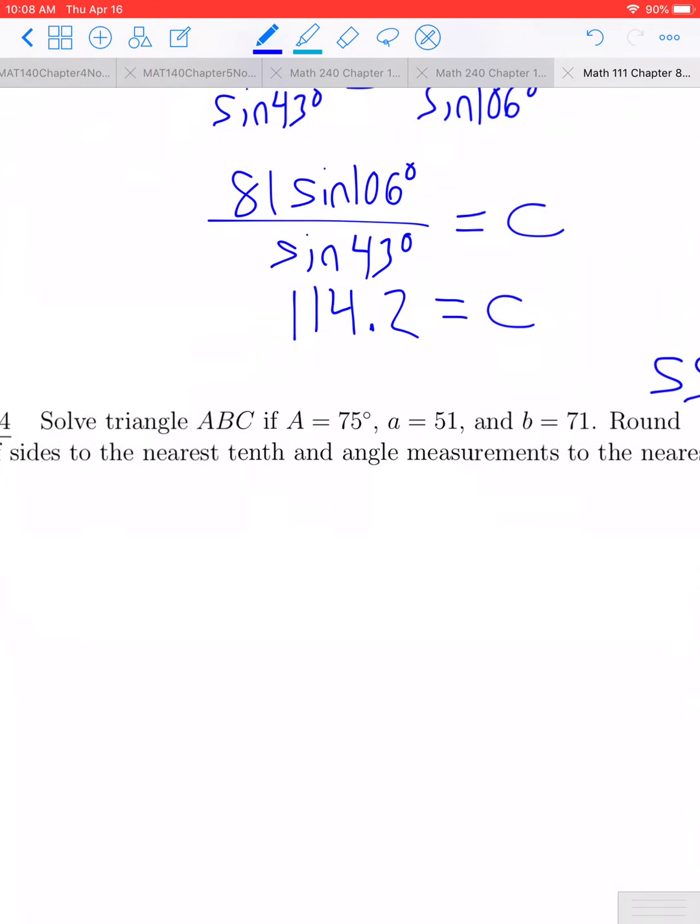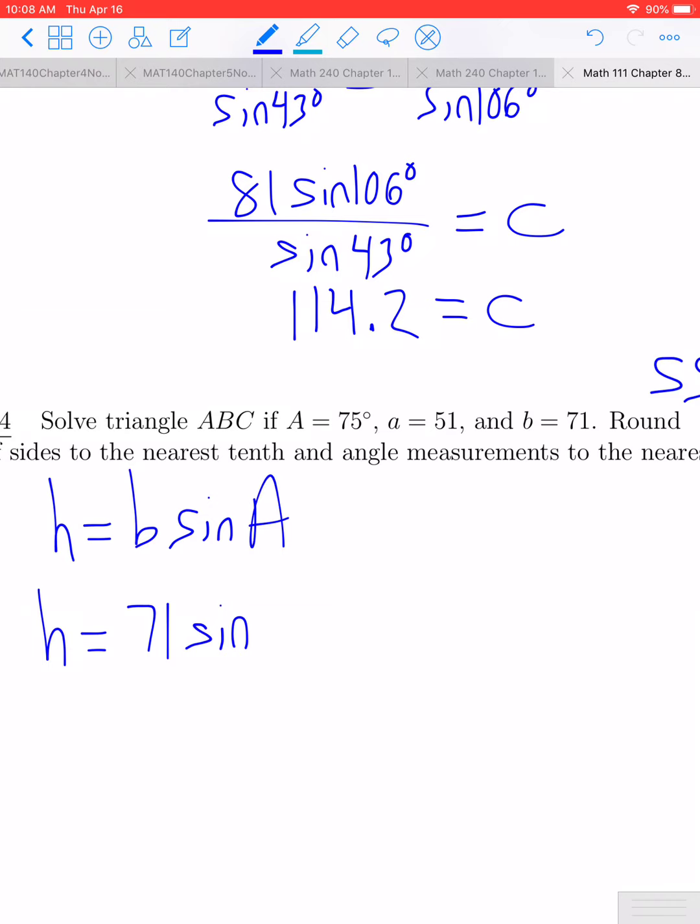We should begin by calculating the value for h first. h is equal to b times the sine of angle A. h is equal to 71 times the sine of 75 degrees, which gives us a value of h that's going to be equal to 68.6.